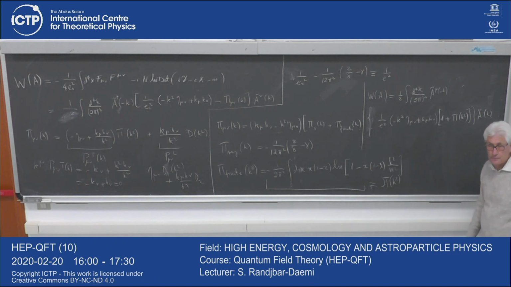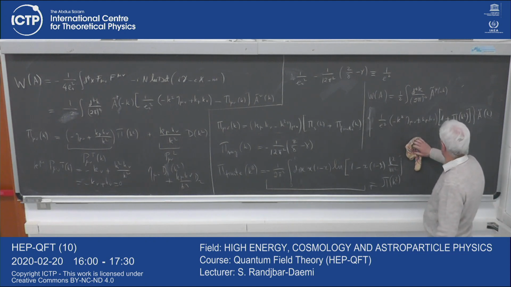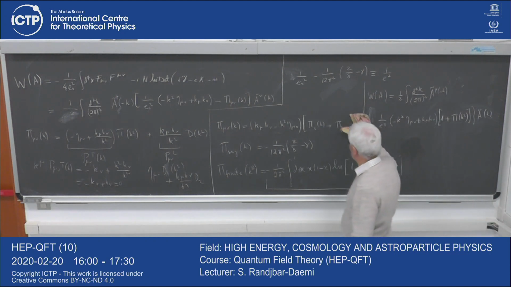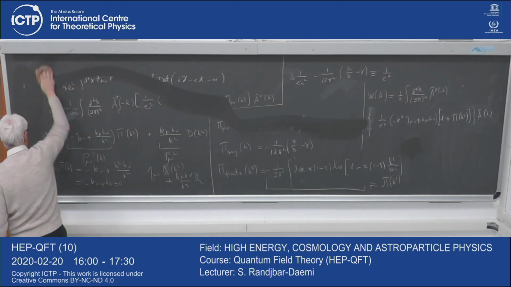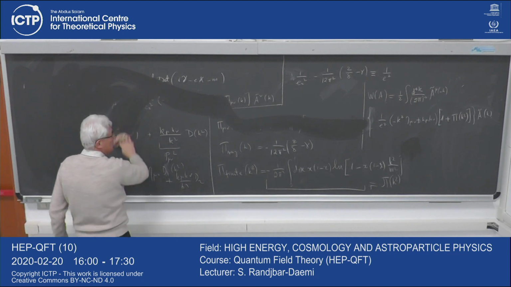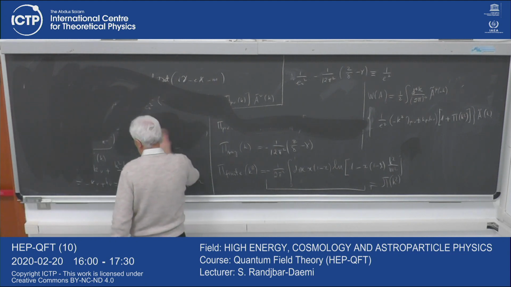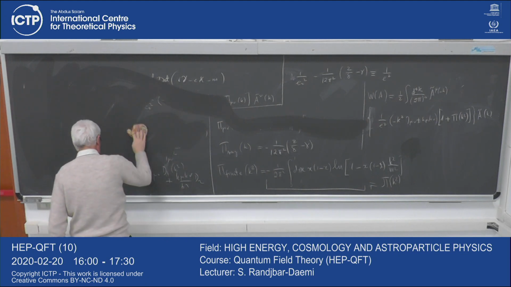Other questions? I should keep this, the definition of pi. We will use this part. I can erase. Okay, so what are we going to do with this W now that we have calculated it?